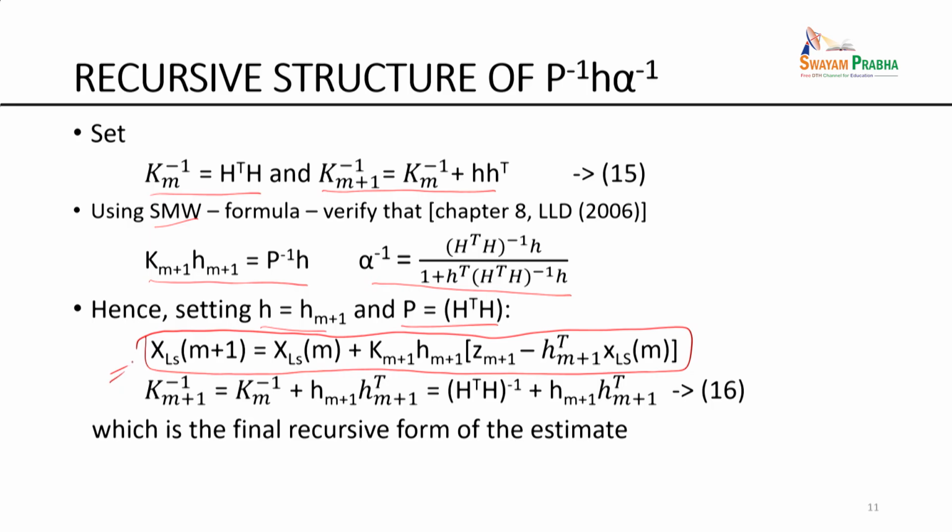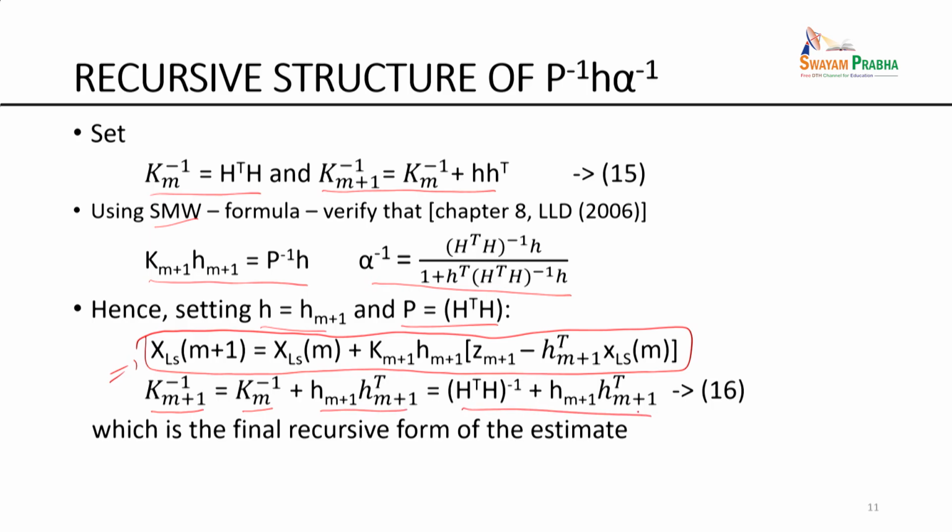The new estimate is equal to the old estimate plus this, which is called K, the gain matrix, that's a vector, and that's a scalar. And how can I compute this K recursively? K m plus 1 inverse is K m inverse plus this, which is equal to that.